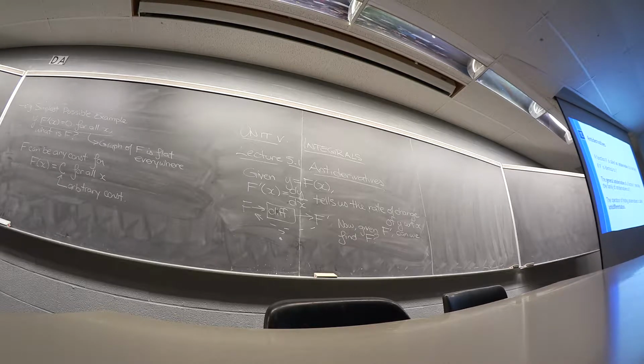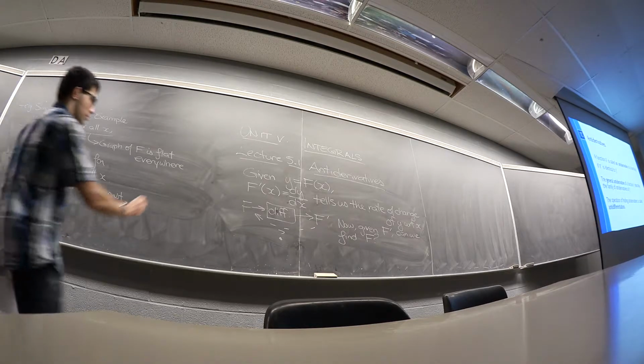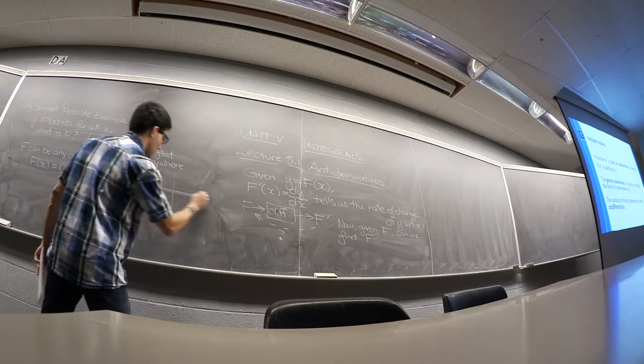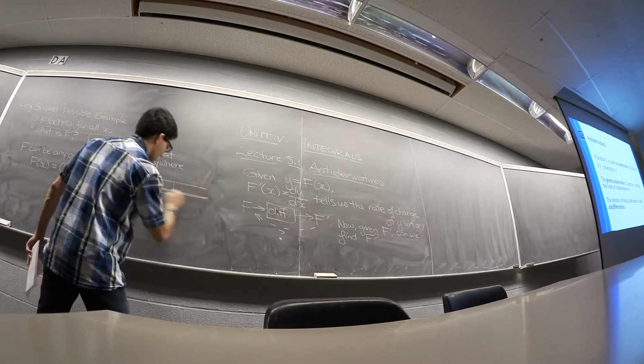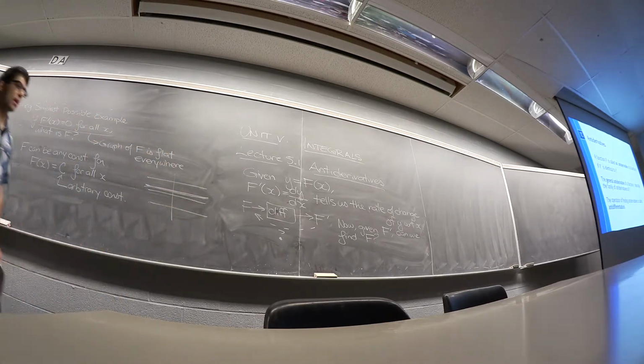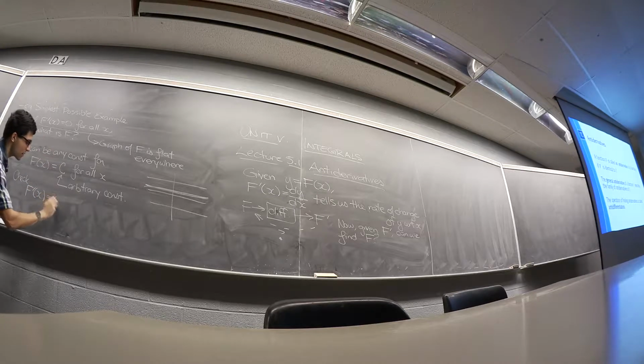So any of these will work, that one, that one, or anything in between. And if you have to check, you would check that the derivative of a constant is indeed 0. Good. Does that make sense?